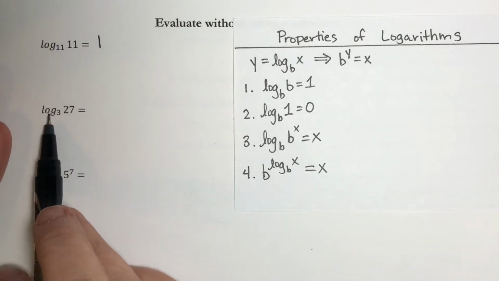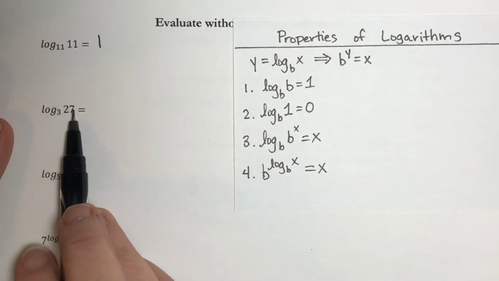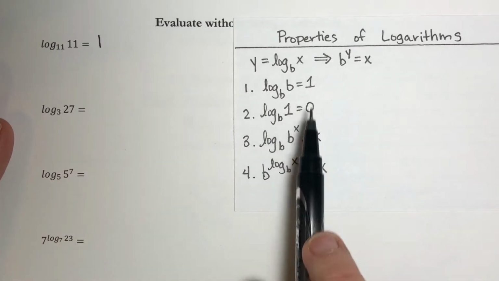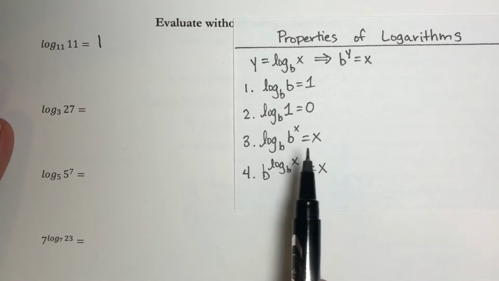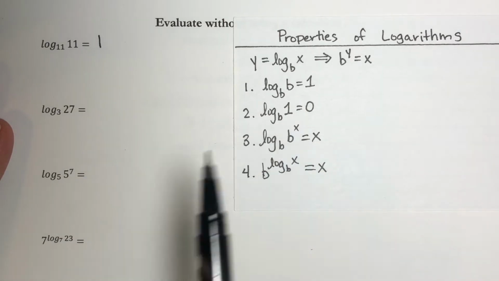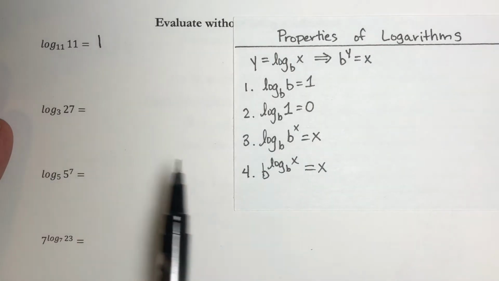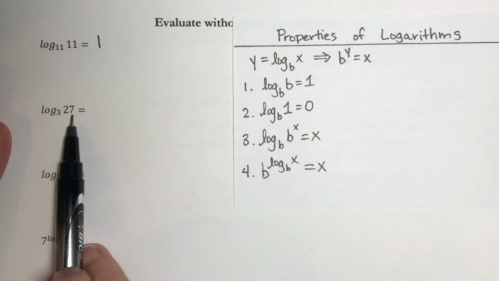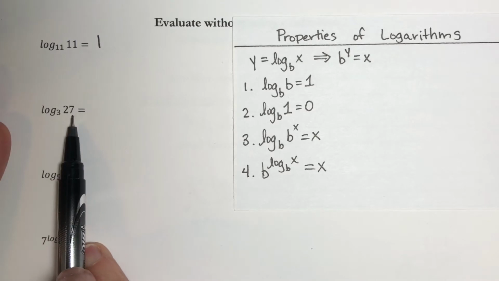Now here's one that's a little bit more tricky. Log base 3 of 27. When I just glance at this, I don't have anything that will work directly because all of these require having the same base somewhere other than this one, and I don't have a 1 in here. So I'm going to ask myself if I can rewrite 27 as 3 to a power. And 27 is 3 cubed.